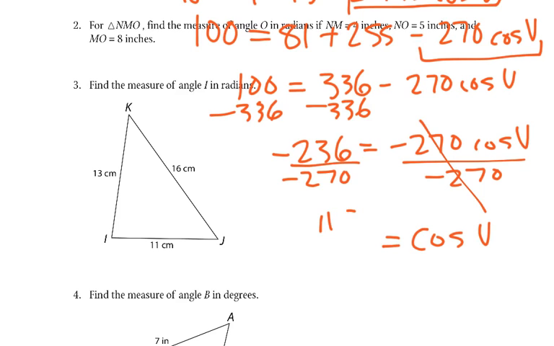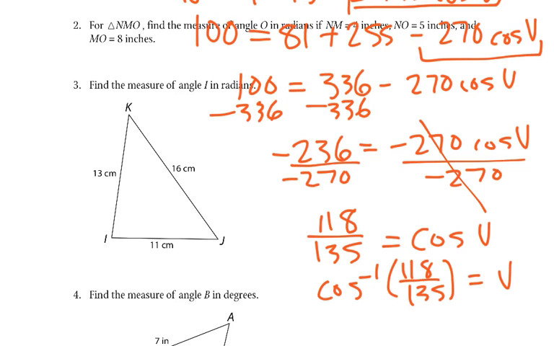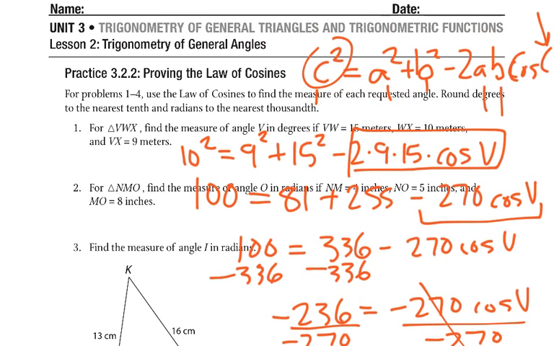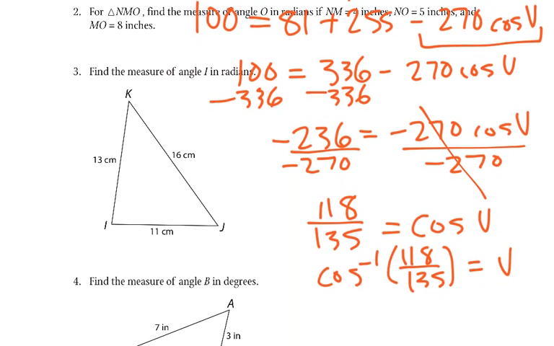I would take the simplified fraction and use that, because now we need to do the inverse of cosine of this fraction to get our angle V. If you start rounding because you're doing a decimal, you can run into some problems of being slightly off. So that's why I would do it that way and let the calculator do that stuff. It wants all in degrees, so I've got to make sure my calculator, which I didn't, is in degrees.